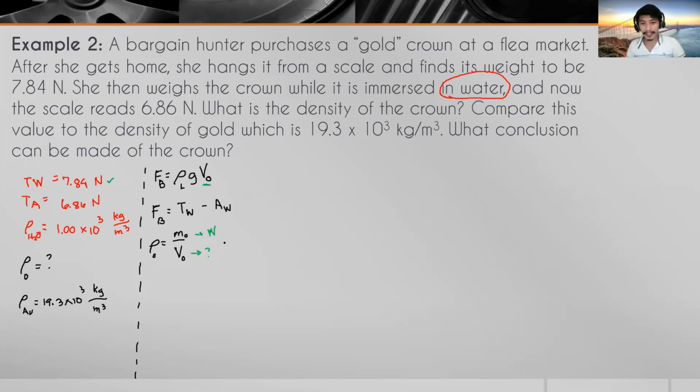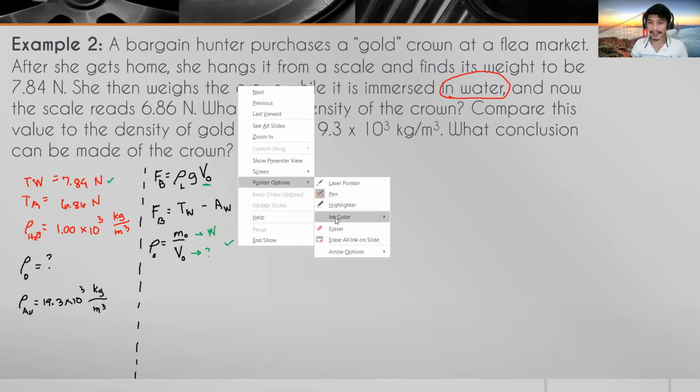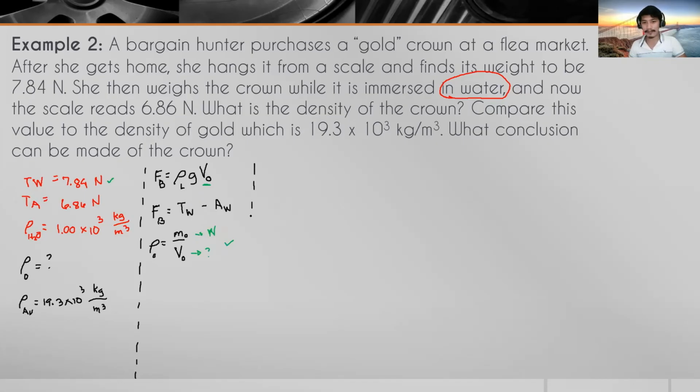So that means we can use this equation in order to solve for the density of our object. That is how we solve it: go back right away to the equations.